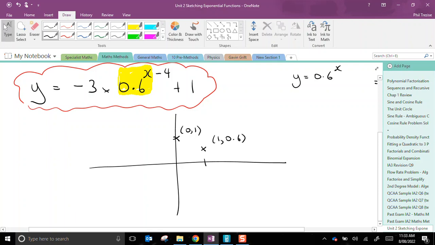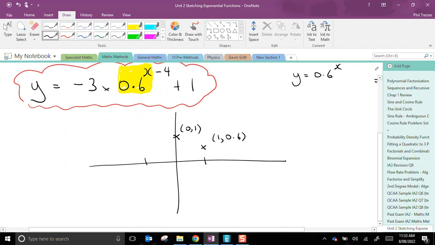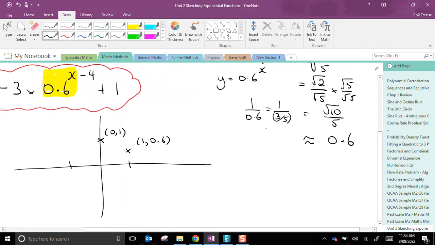Now if x equaled negative 1, I would have 0.6 to the power minus 1. I would have 1 over 0.6, remembering that 0.6 is the same as 3 on 5, then I would effectively have 5 on 3, and 5 on 3 is 1 2/3, or about 1.67.